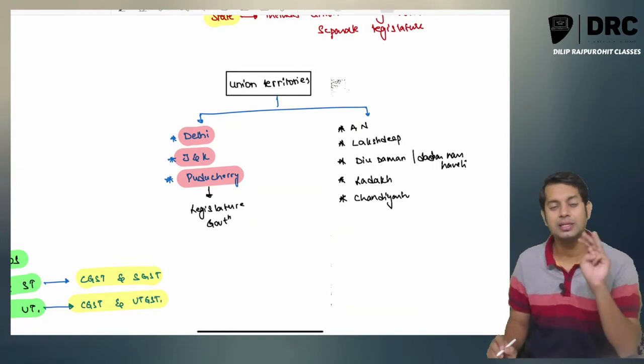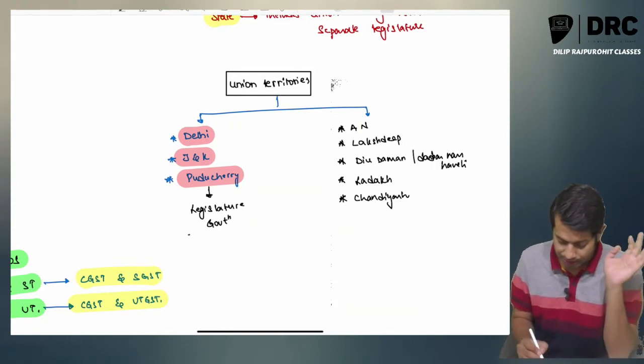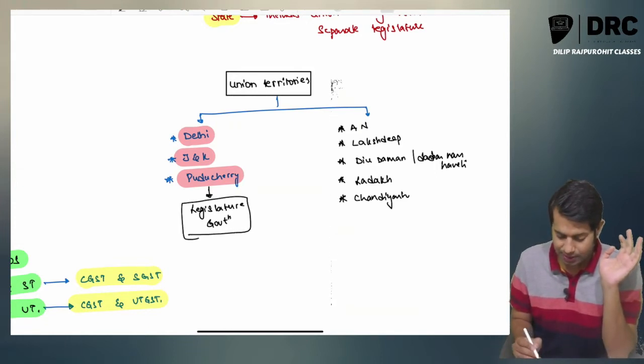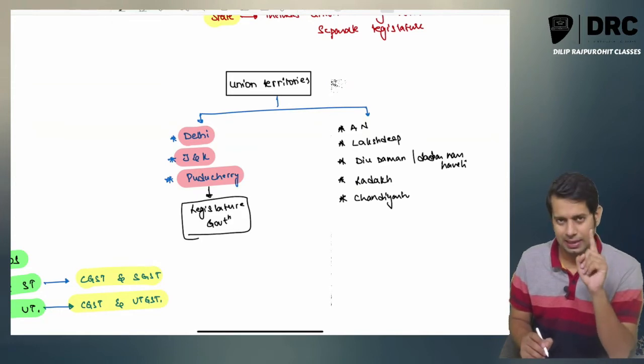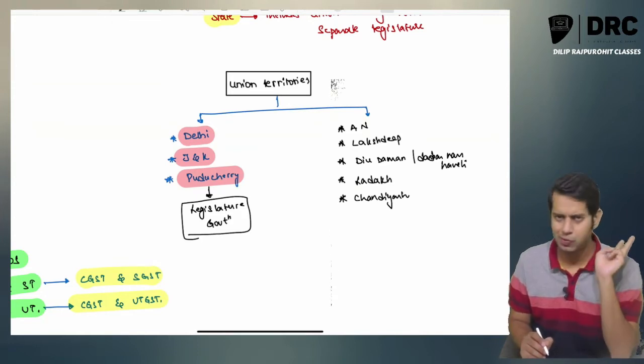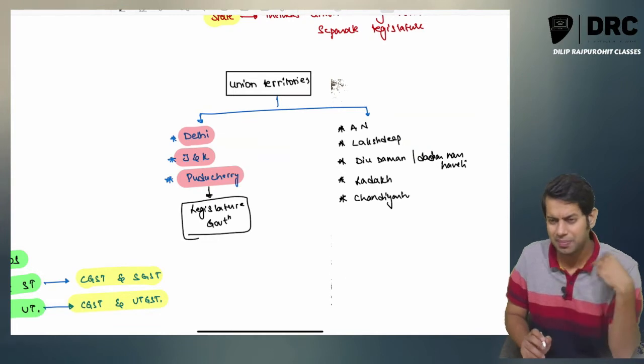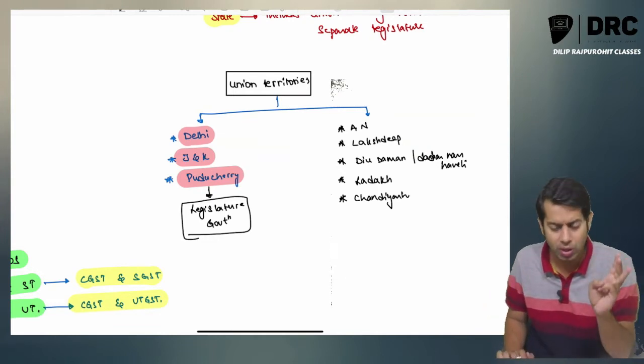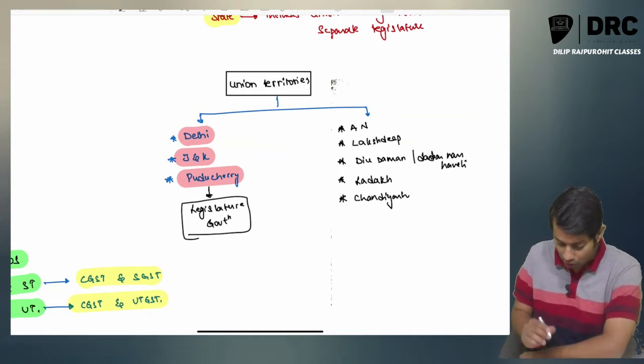Which 3? Delhi, Puducherry and Jammu and Kashmir. They can conduct elections and they can form their own government.